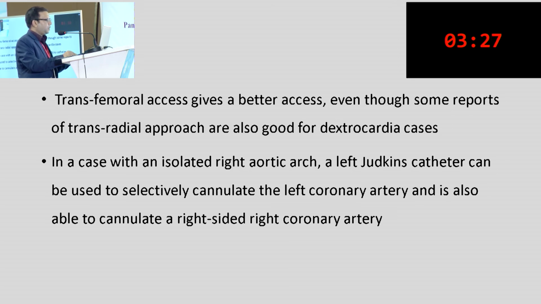In cases with an isolated right aortic arch, a left Judkins catheter can be used to selectively cannulate the left coronary artery and is also able to cannulate a right-sided coronary artery. But in this case, I was fortunate enough to cannulate the RCA with the right Judkins.